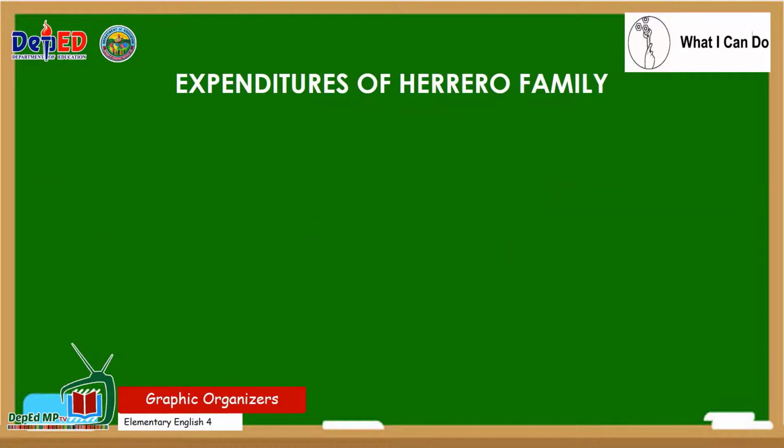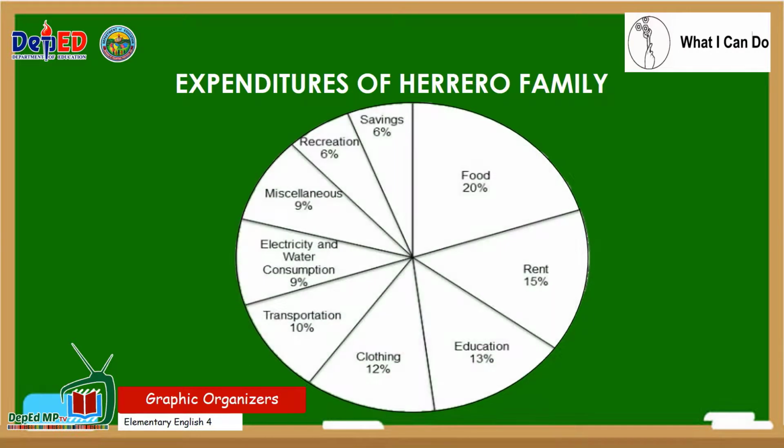Here is the graph of the expenditures or expenses of the Herrero family. They spent 6% on savings, 20% on food, rent 15%, education 13%, clothing 12%, transportation 10%, electricity and water consumption 9%, miscellaneous 9%, and recreation 6%.